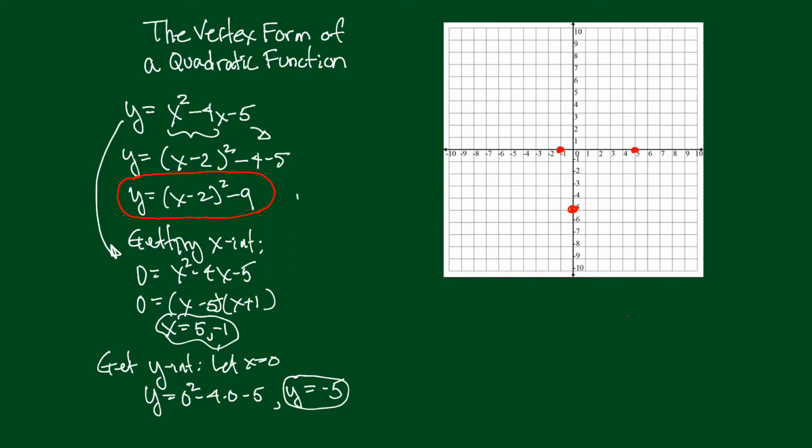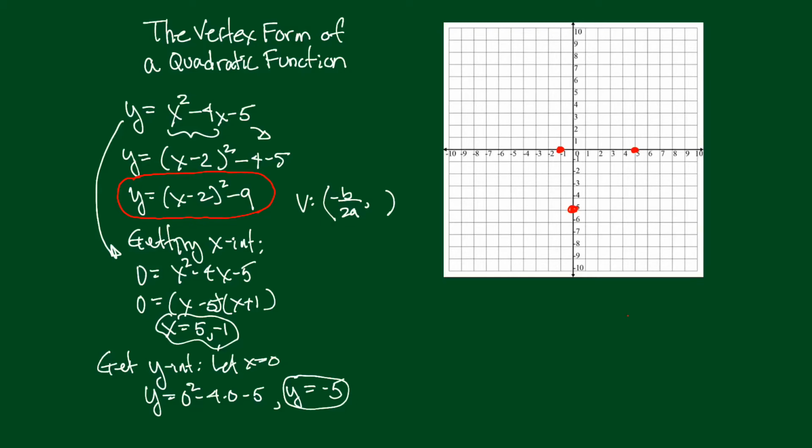And now for the vertex, let's do that right here. The x-coordinate is negative b over 2a. So let's compute that. So look back over here now at our function right here. In this case, a is the coefficient of the squared term, b is the linear coefficient, c is the constant. We just need a and b.